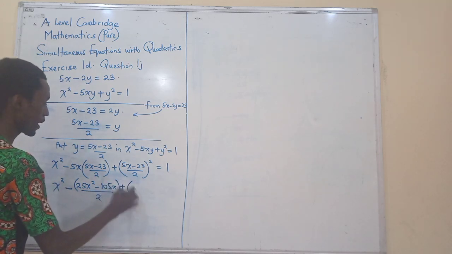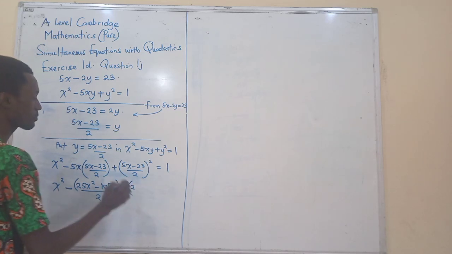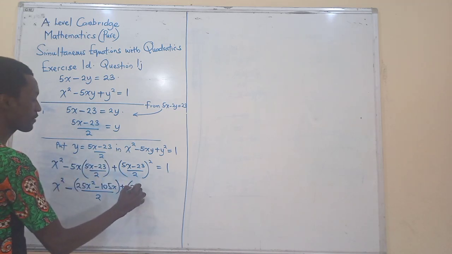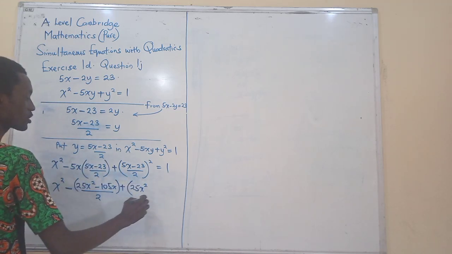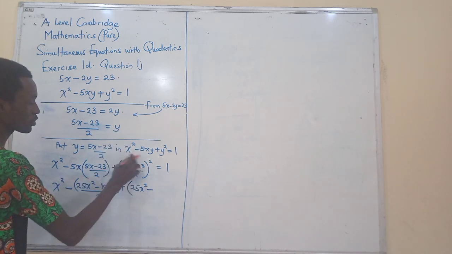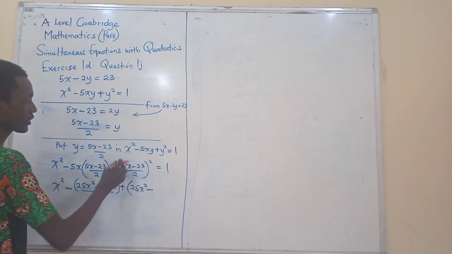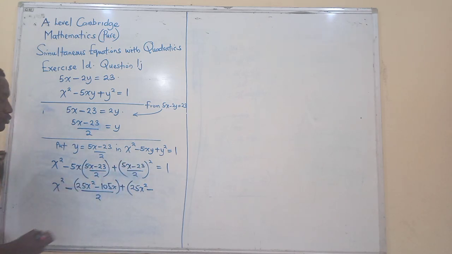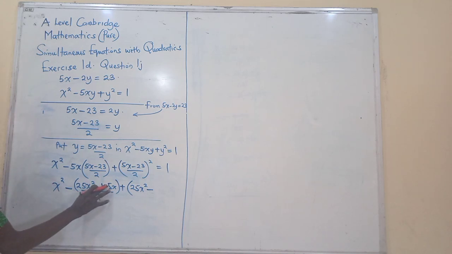Plus, bracket open, this will be 25x squared, minus, this is 115 times 2. Is that 105 or 115? Sorry about that, that should be 115, because 21 times 5 would have given you 105.